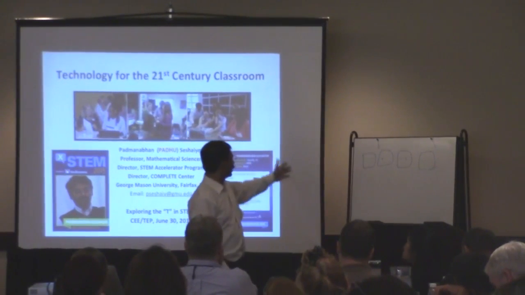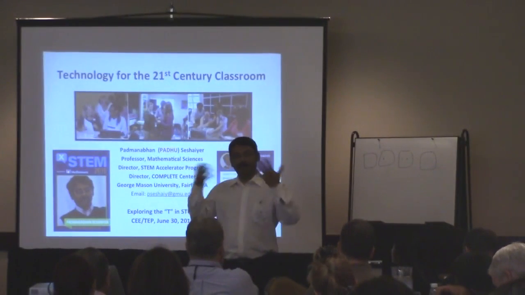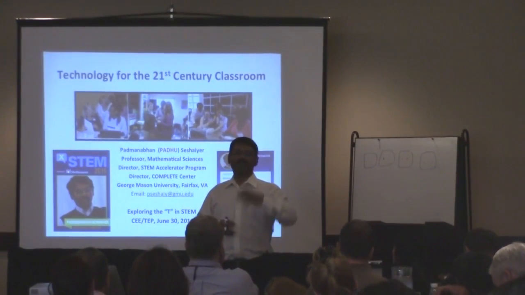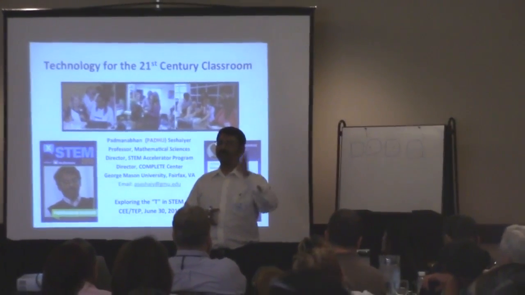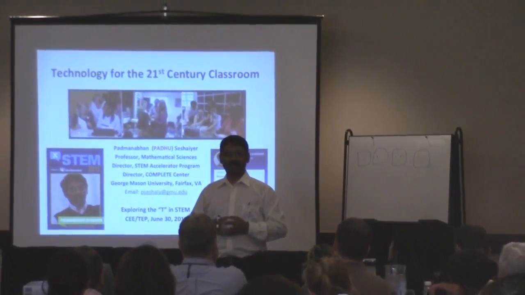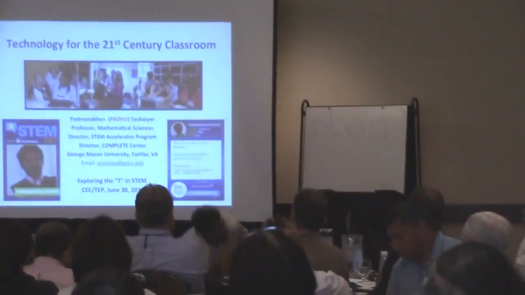K-2, we teach number sense, building number sense. That's how we build the 0. Middle school focuses on proportional reasoning and rational numbers. High school focuses on bringing STEM into the classroom. So I'm going to be focusing a little bit on the technology aspects.